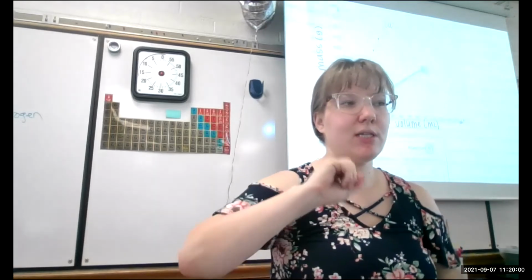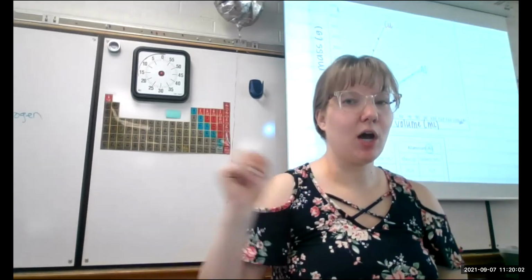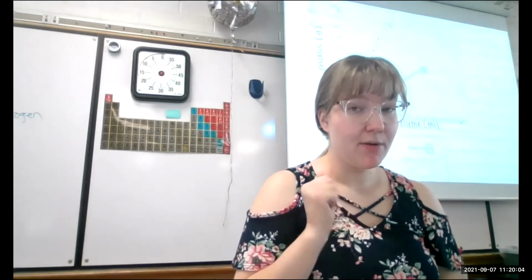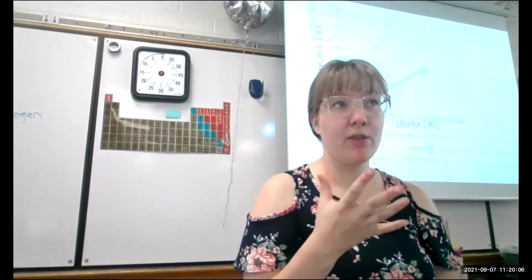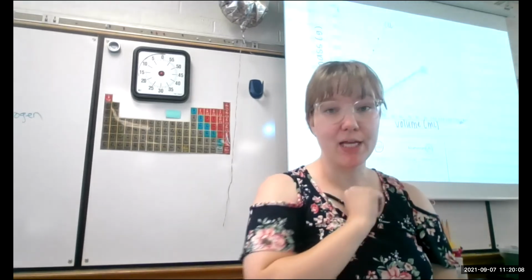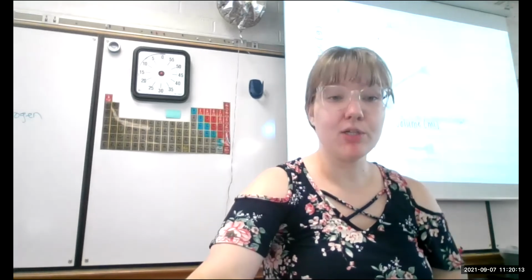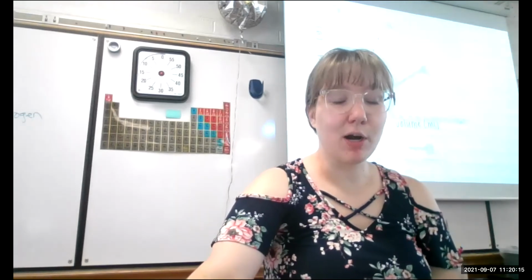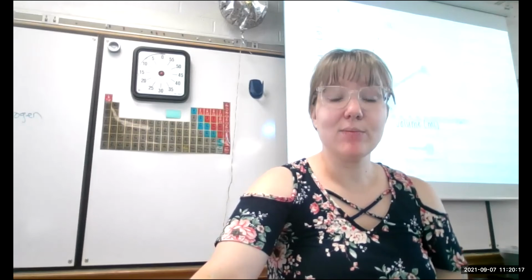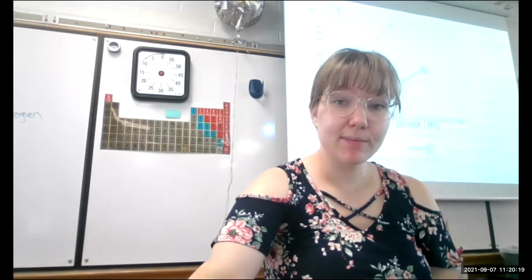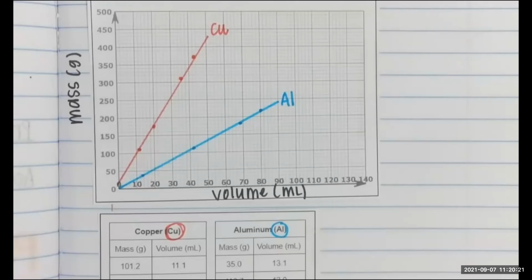If you just write copper, you get your points. You just have to know where they go in a blank periodic table for the first 36 elements. So be sure to study that today or tomorrow, so that next class period, you're ready to take that quiz.